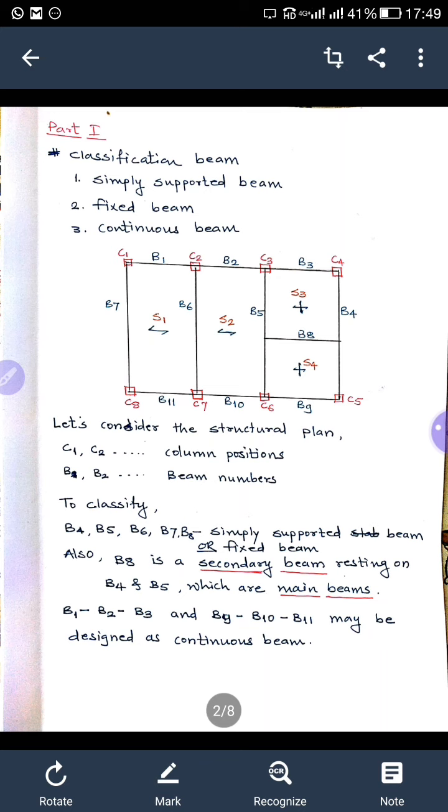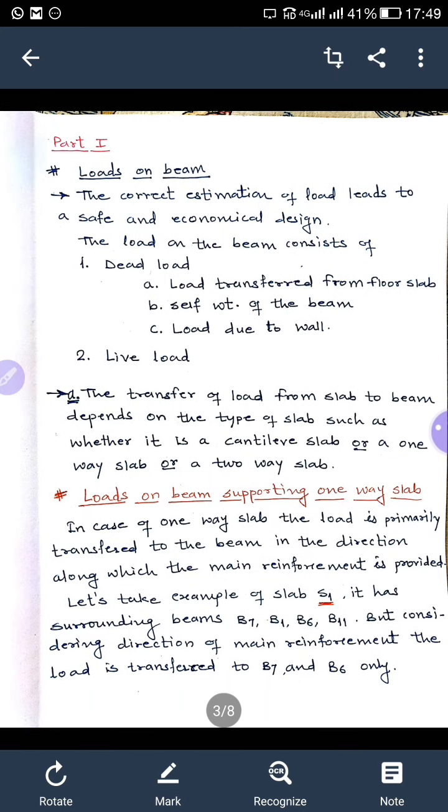If we refer to the load coming on B1, B2, B3 and B9, B10, B11, if it is somewhat the same, we can design either of the beams, and for the remaining set we are going to provide the same cross section, same reinforcement. So in this way we have groups of beams. This is the classification of beams depending upon structural plan.